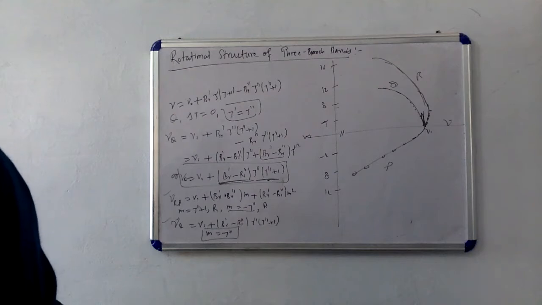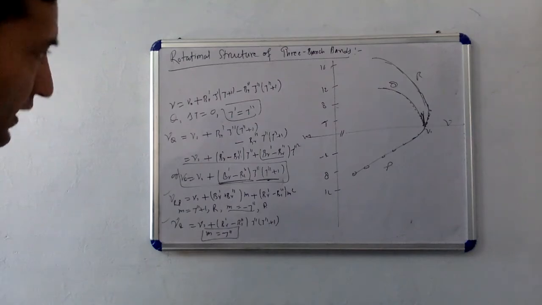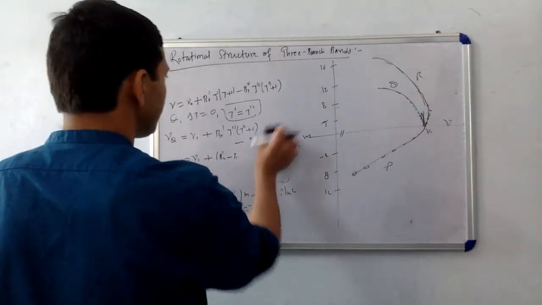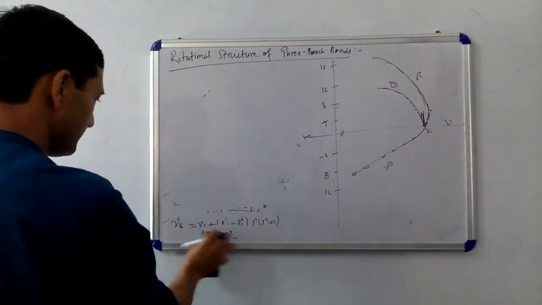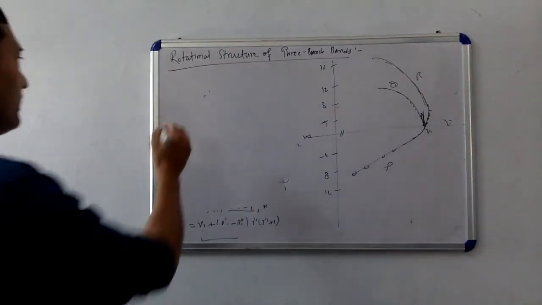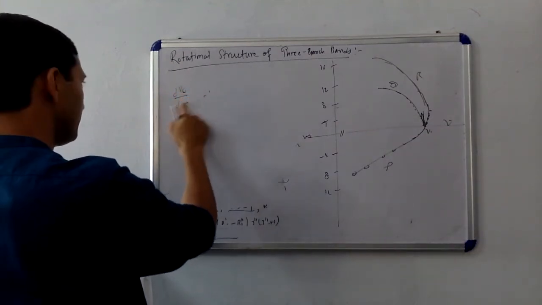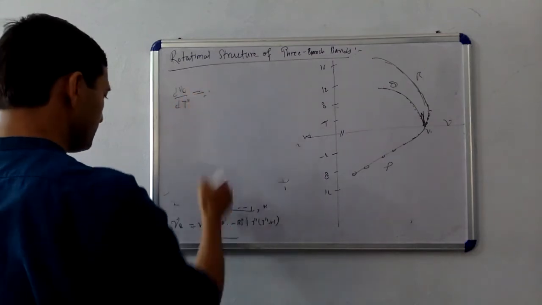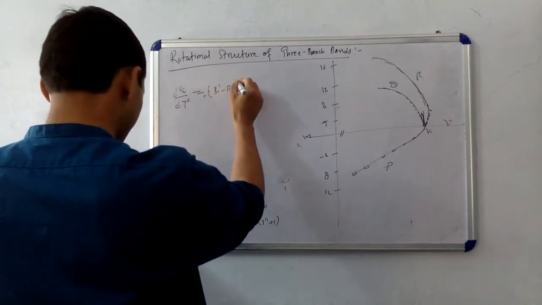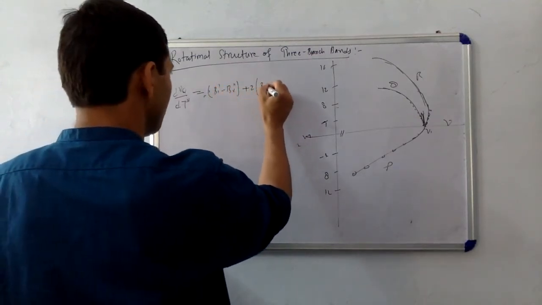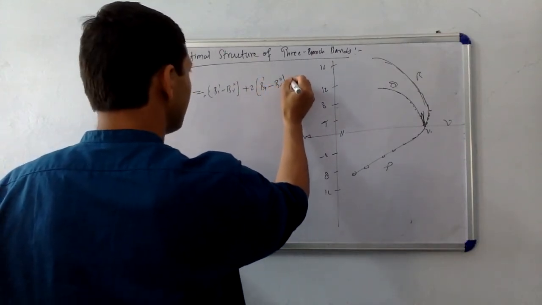So one can find out the value of J double prime for the Q parabola where exactly this head is forming. We can find out with the help of this relation, this nu Q is equal to this one. So what we need to do, d nu Q divided by d J double prime is equal to B nu prime minus B nu double prime plus 2 times B nu prime minus B nu double prime times J double prime is equal to 0.